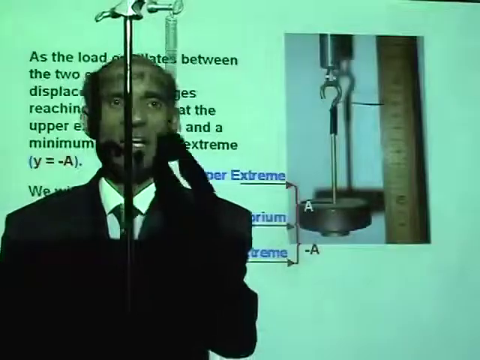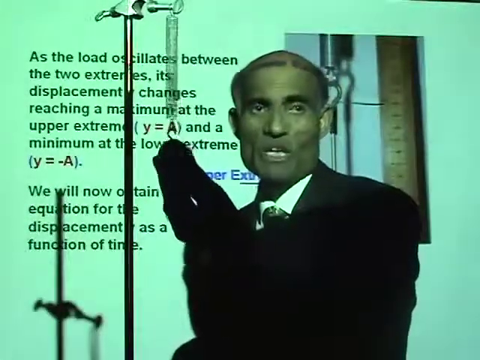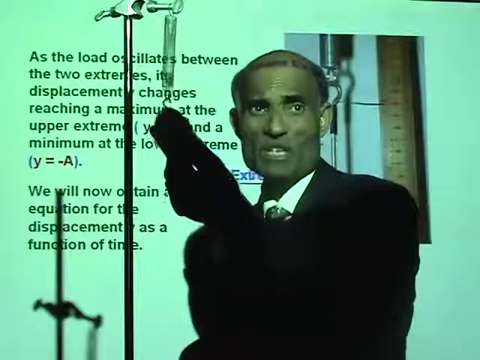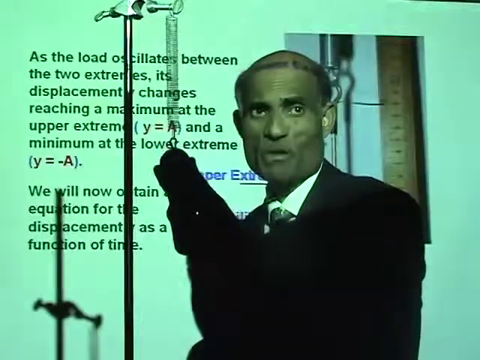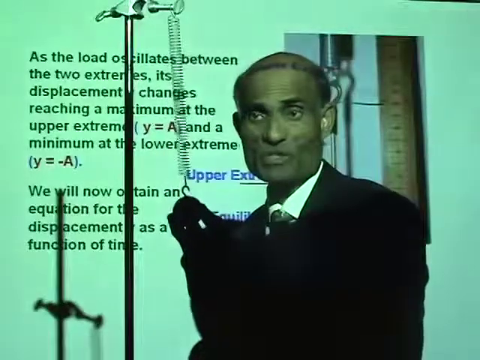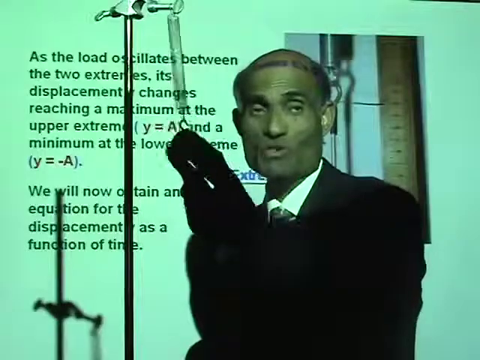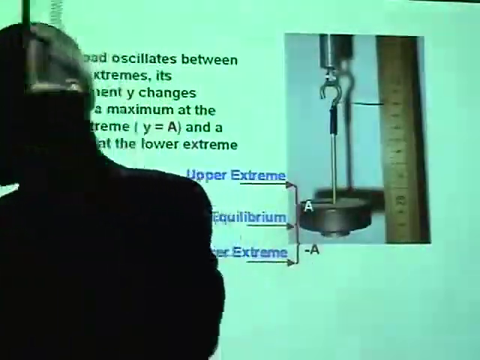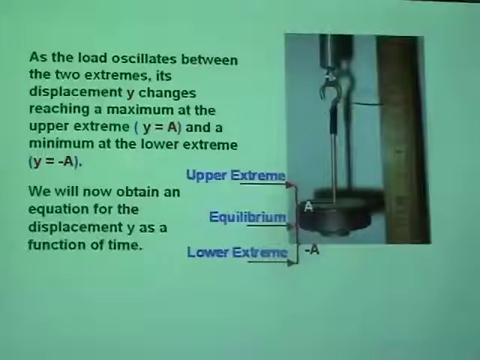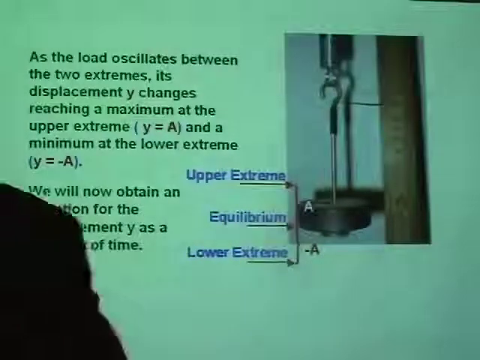You can see here, this is the equilibrium position. The displacement increases to a maximum, decreases to 0, decreases to a minimum, increases to 0, and so on. We will now obtain a mathematical equation for the displacement as a function of time. Alright, let's do that.